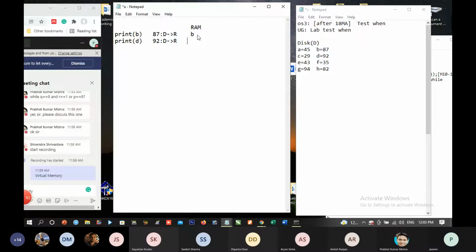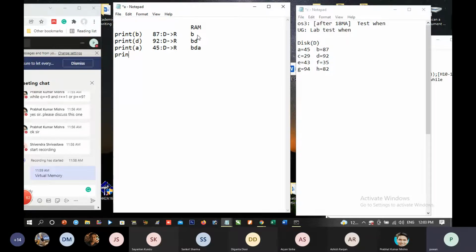And RAM will have B and D. Suppose we are printing A. The value of A, which is 45, will be brought from disk to RAM. And the RAM will have B, D, A.